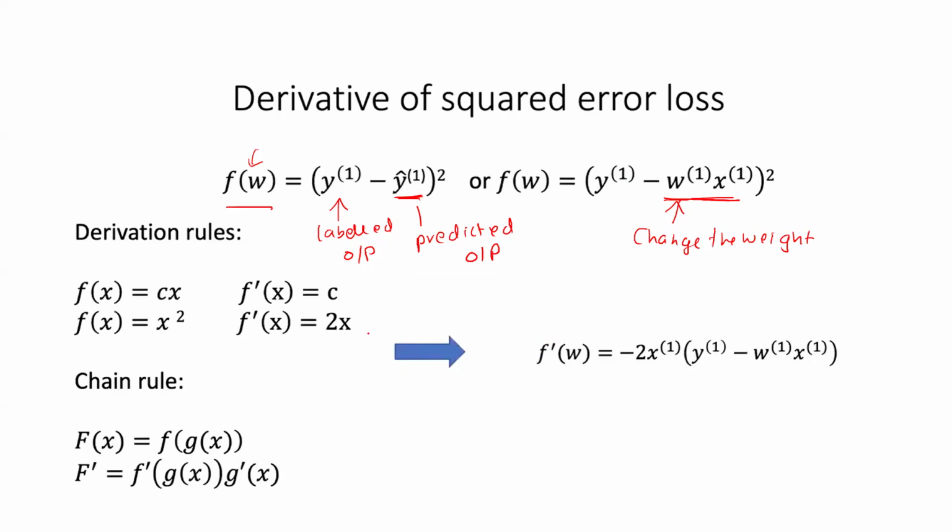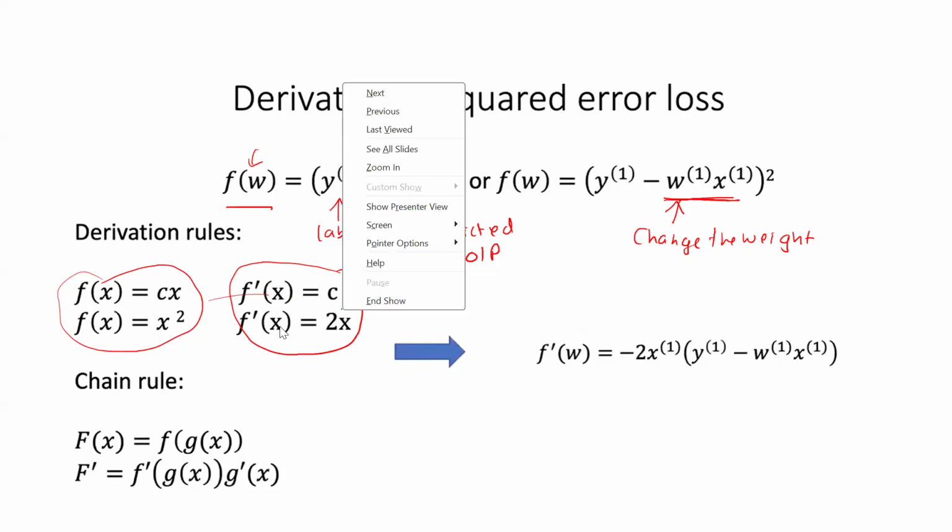Now, how are we going to perform the derivation? There are different derivation rules here. You can pause the video and go through these derivation rules to see how we perform them. See, f of x equal to cx, if you derive that with respect to x, what you get is c.